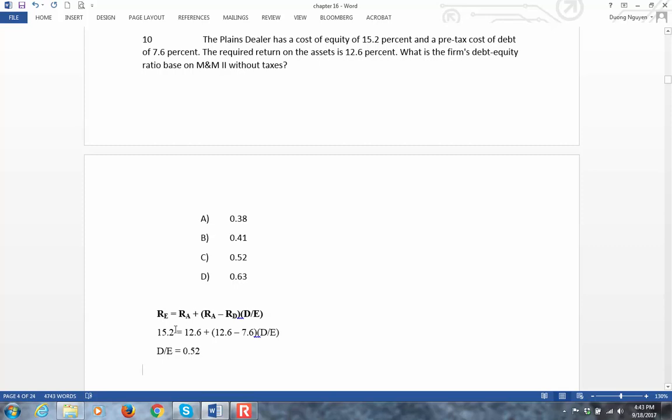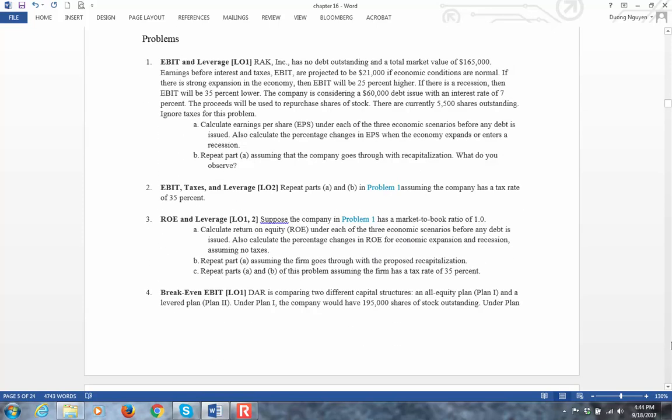So cost of equity is 12.2. Return on assets is 12.6. R_E 12.2 equals 12.6 minus R_D 7.6 times debt equity ratio, and you solve the equation, you get debt equity ratio is 0.52. Okay, so pretty simple.